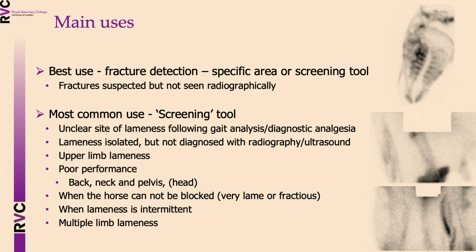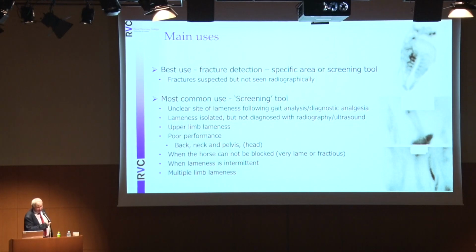But in my hospital, because I'm mainly dealing with sports horses, we are usually using it more as a screening tool. This is to investigate when we have not identified the site of the lameness.